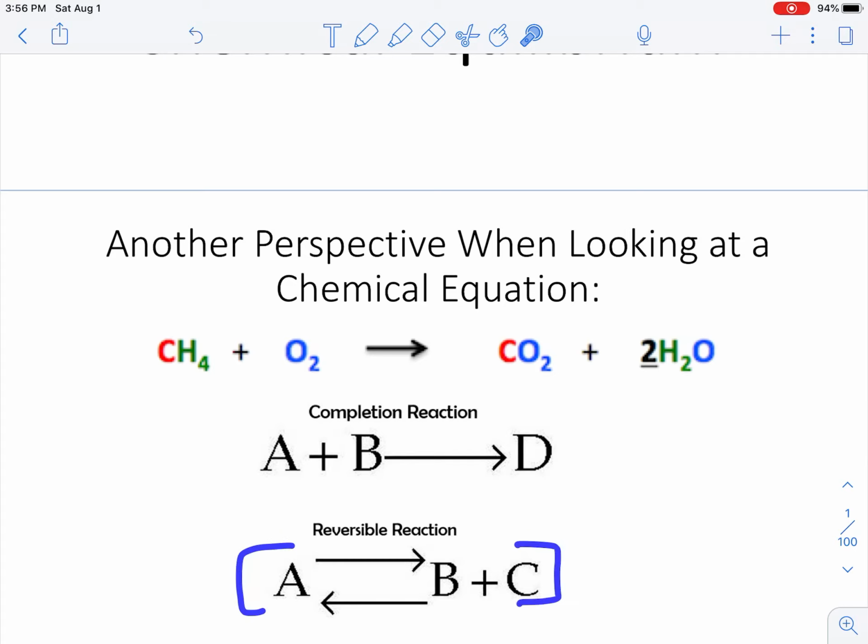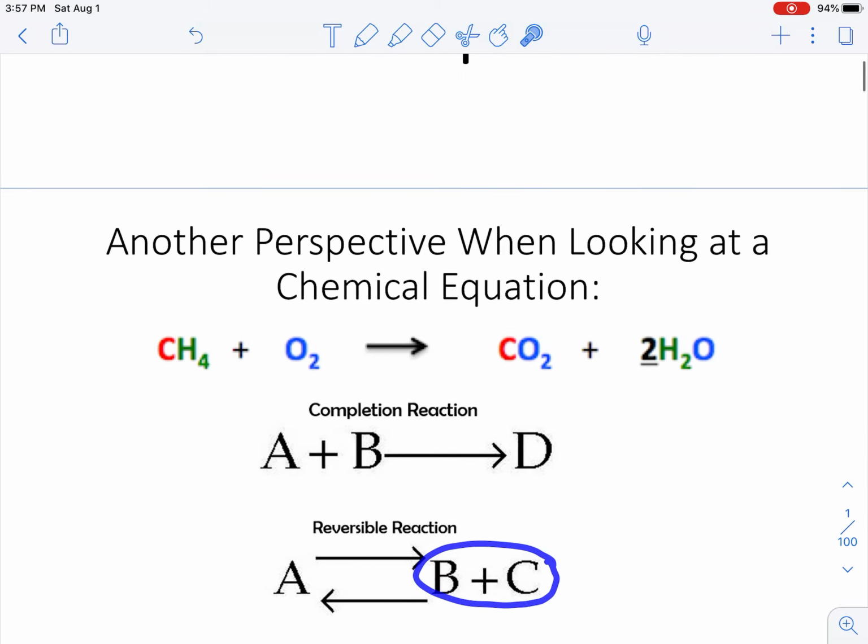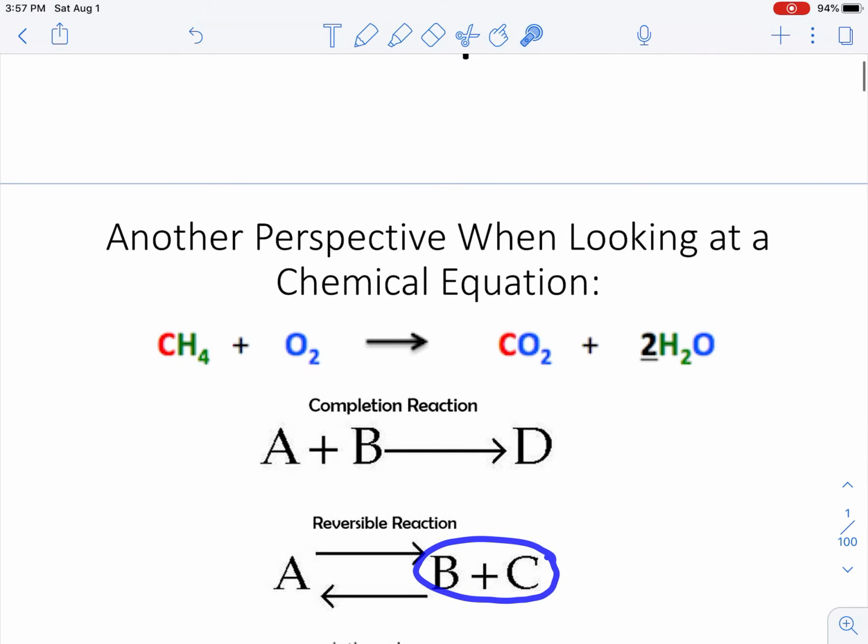example of a reversible reaction, here we can see that reactant A is going to decompose to produce product B and product C. And so one can imagine that as the amount or the concentration of the products increases as the reaction progresses, there is going to be an increased likelihood that the product particles, B and C, will collide.